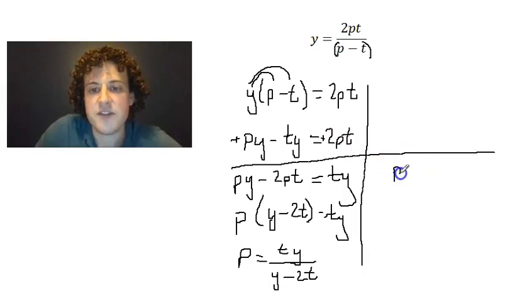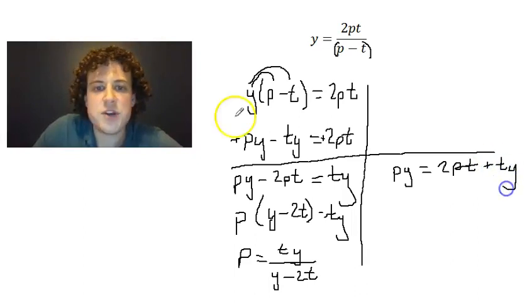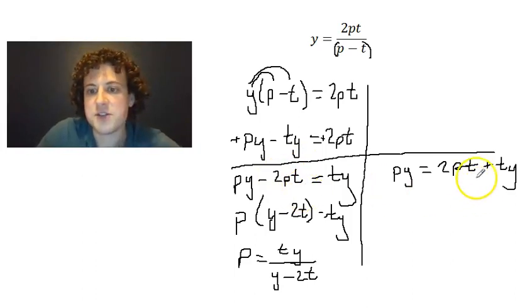So we're going to get the fact that py equals 2pt plus ty. So actually, we could have just taken py away, and that would have been fine. But it doesn't matter. There's lots of ways to do it.